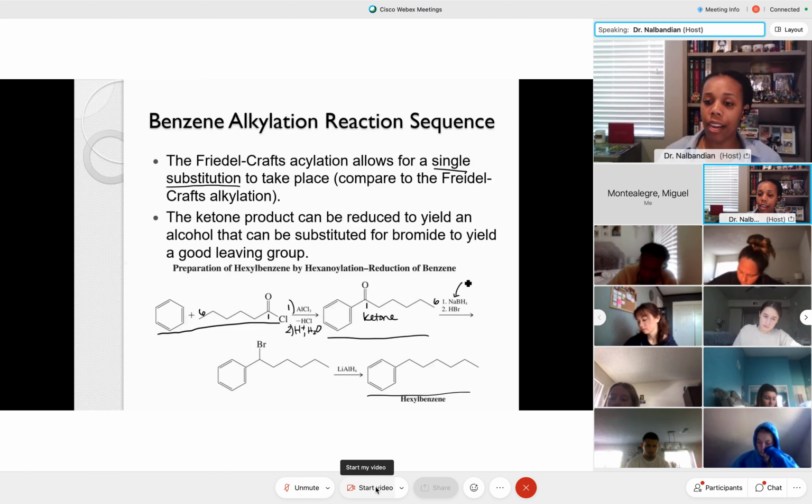What is sodium borohydride going to do? Well, remember from last semester, it does a reduction, and so we can reduce the ketone to an alcohol. So we reduce that to an alcohol on carbon 1, and then we can do this second step. Remember section 9-2 in the textbook?